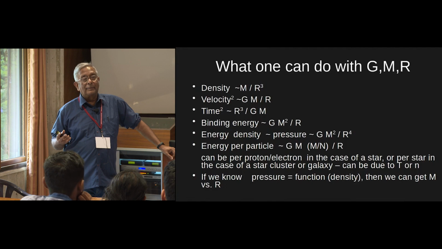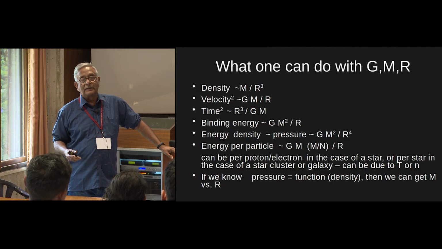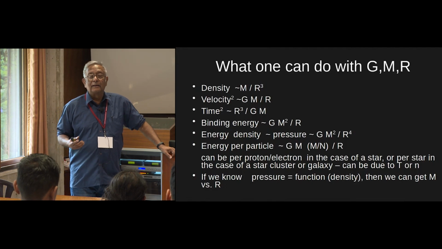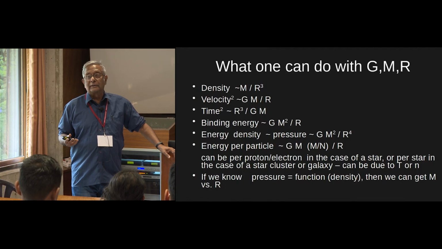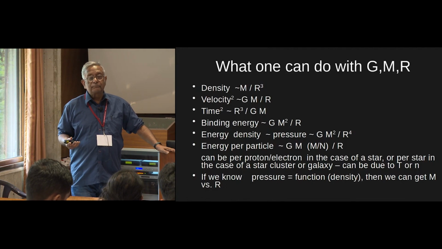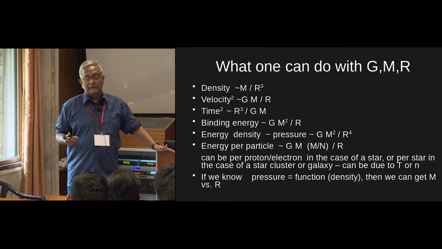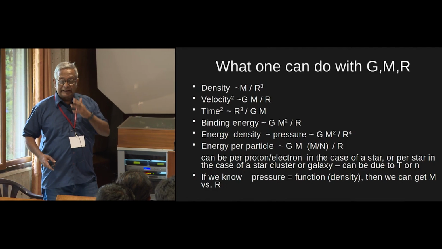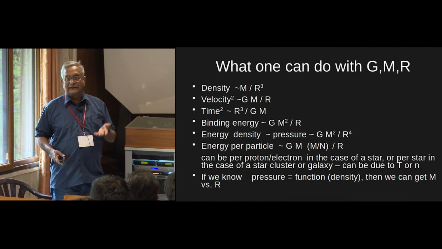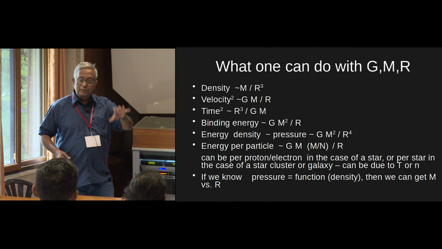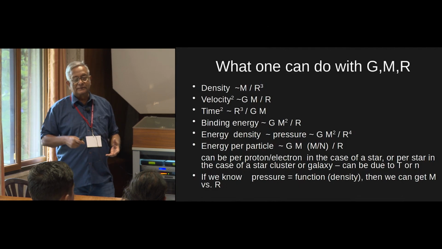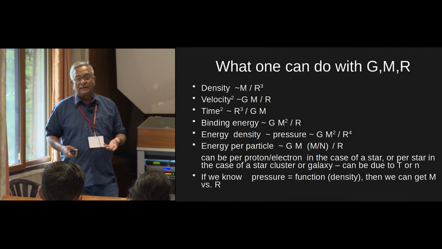But there are cases where the temperature is not that important. For example, if you take something like the planet Jupiter, it's at a fairly low temperature. So in most of Jupiter, the hydrogen is compressed, it becomes ionized, and it's a quantum gas.